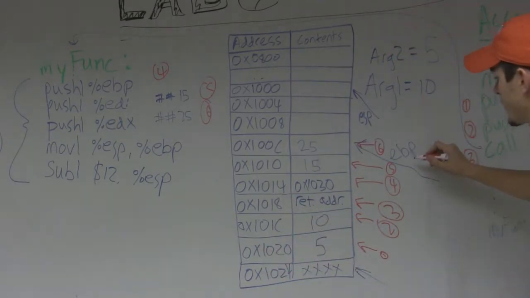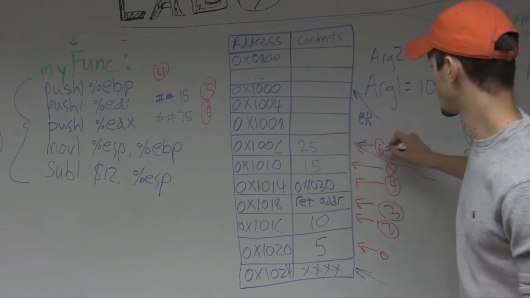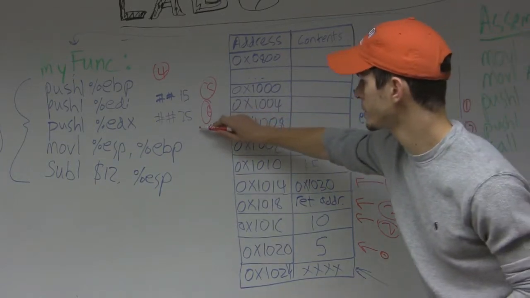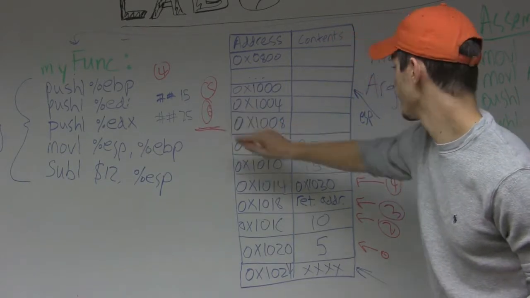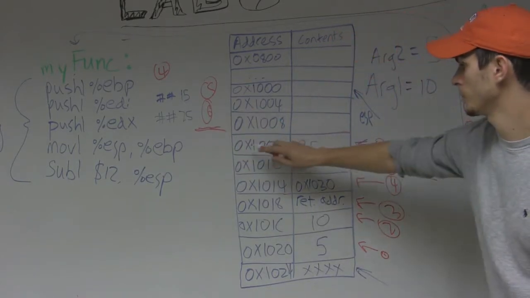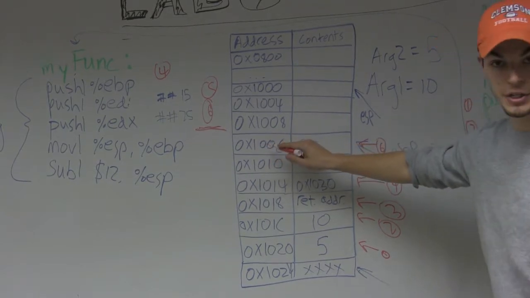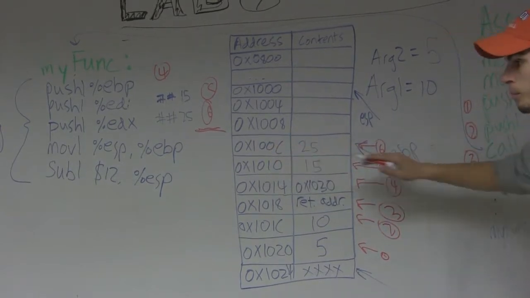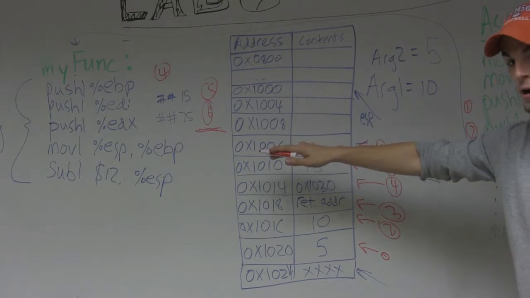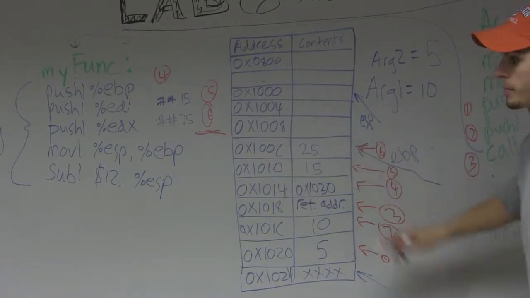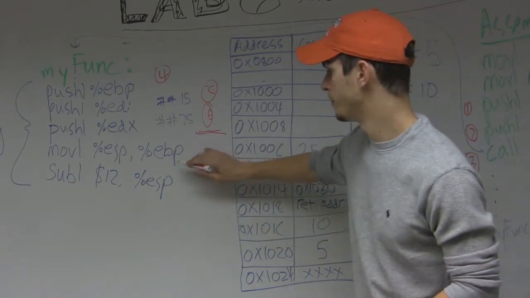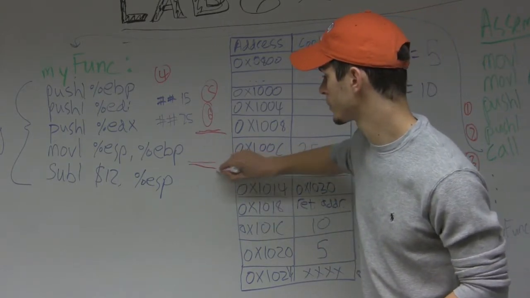So that's the reason that the base pointer is now, at the end of this instruction, the instruction say number 6 here, since it's now pointing at this 0x100C, by moving that location into the base pointer now, the base pointer is also pointing at this same address. And so that's taking care of that instruction.